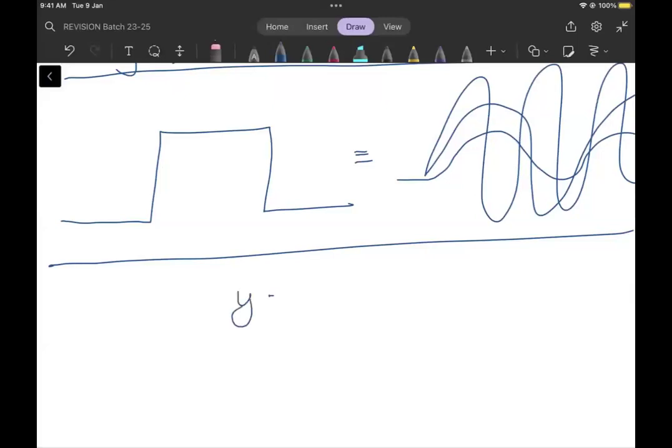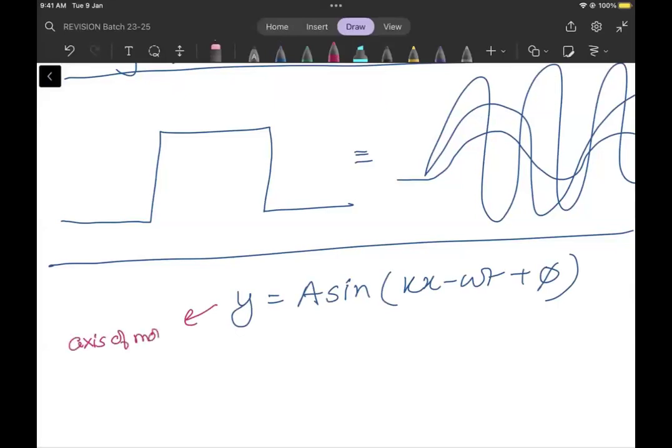तो y इज इक्वल टू a साइन kx माइनस ओमेगा टी प्लस 5, ये साइनसॉइडल वेव का इक्वेशन है. इसमें से सारे टर्म्स हमको क्लियर रहने चाहिए. ये है एक्सिस ऑफ मोशन of particle, right?